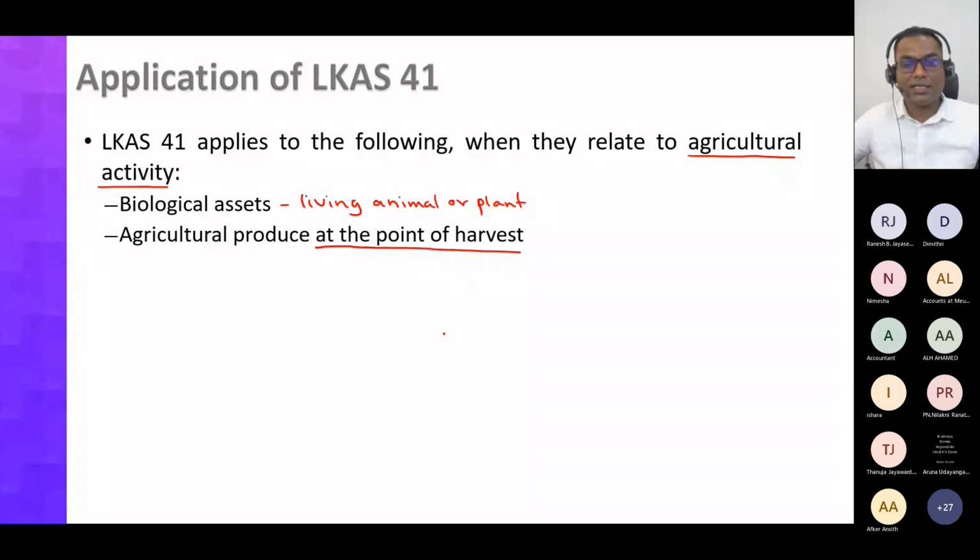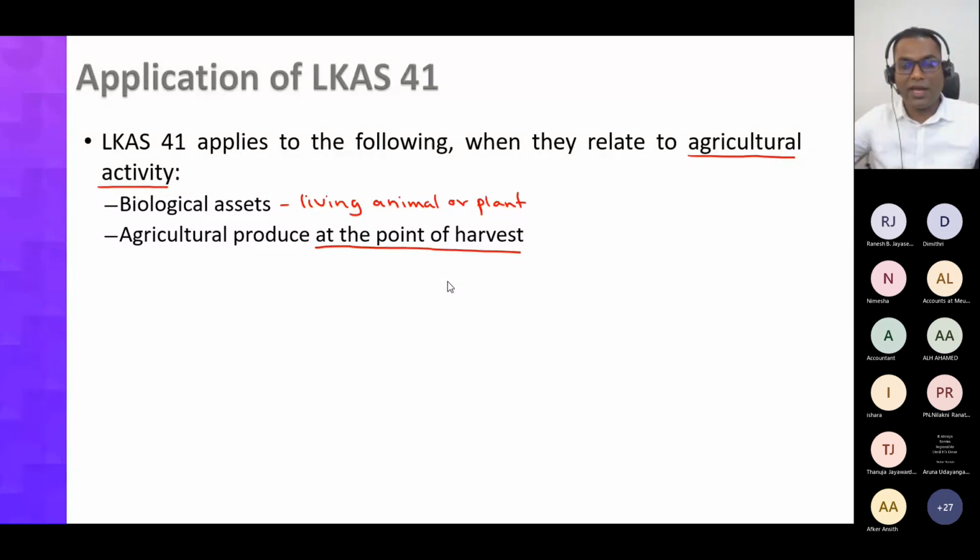So even the tree is measured under LKAS 41. You measure the tree at fair value less cost to sell. Now let's say if you take an example of a fruit tree or a grapevine, that particular tree is used to produce agricultural produce more than one time.